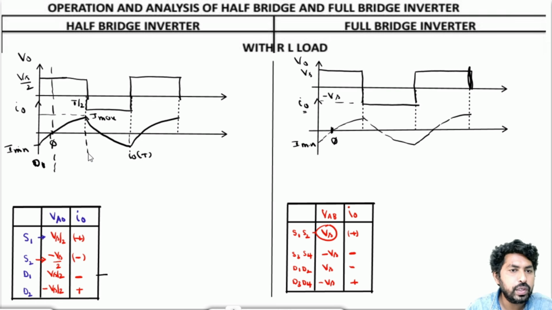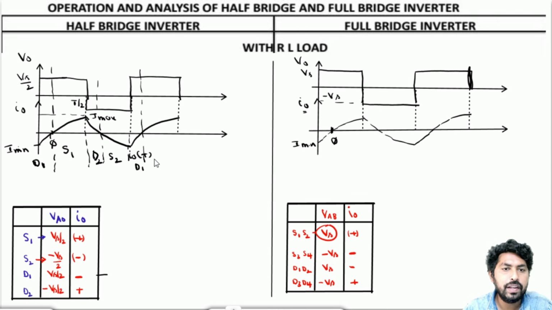From pi to T by 2, both are positive, so S1 conducts. Then voltage is negative and current is positive, so the device will be D2. After that both are negative, so the device will be S2. Again it is a repetitive cycle: D1 and then S1.